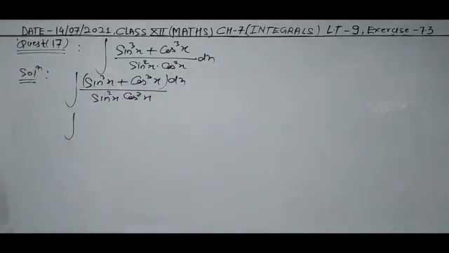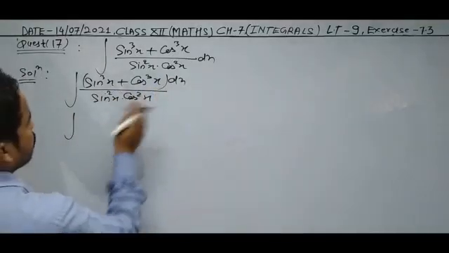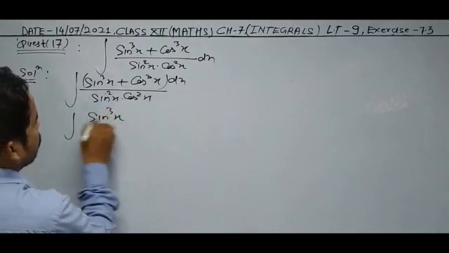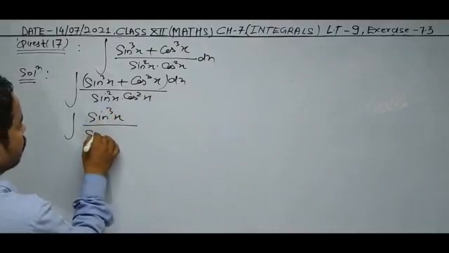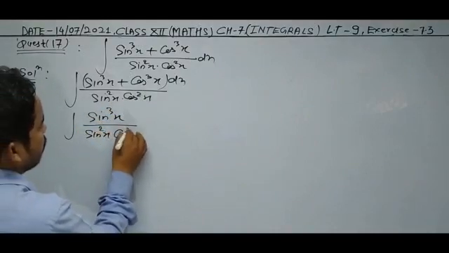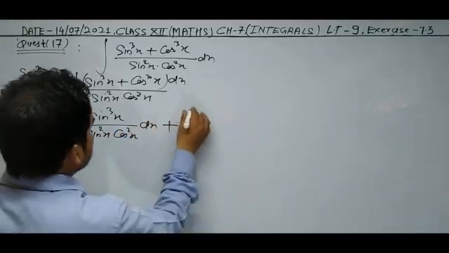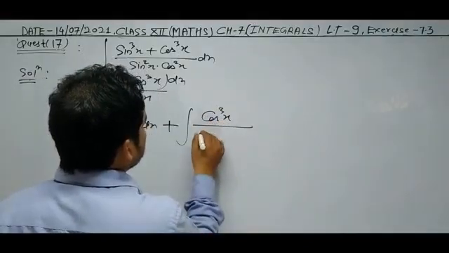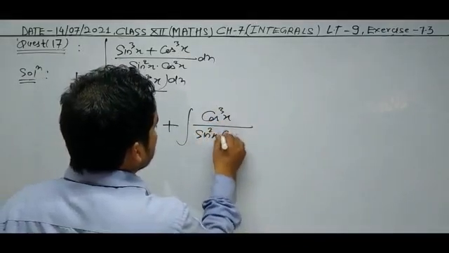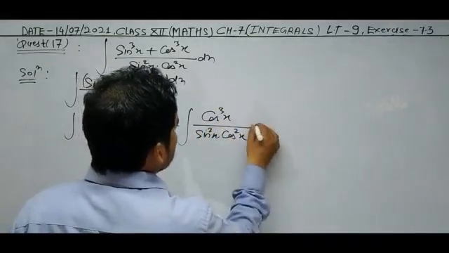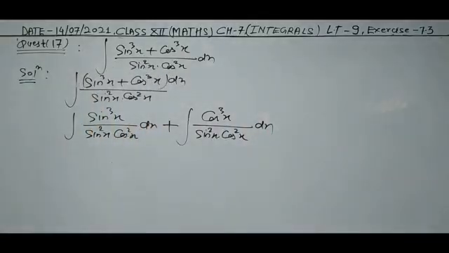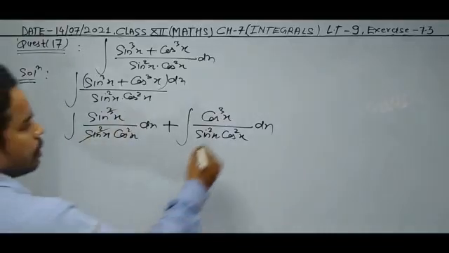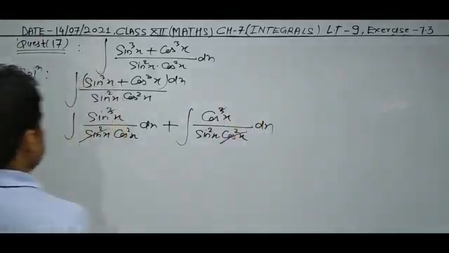So now you have to separate. So sine cube x upon sine square x into cos square x dx plus cos cube x upon sine square x into cos square x dx. Now sine square x term will cancel out and cos square x term will cancel out.